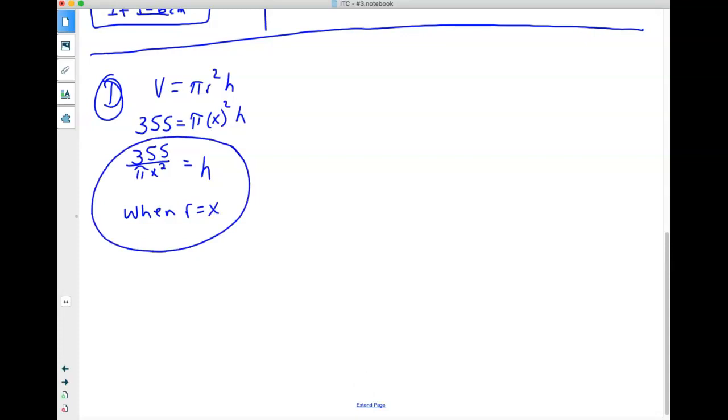Kind of important there, because now I can come to my surface area equaling 2 pi x squared plus 2 pi x times h, and I can plug. I'm getting a little ahead of myself because I want that to still be my radius. I don't want to confuse anybody. Sorry. Radius squared and radius.